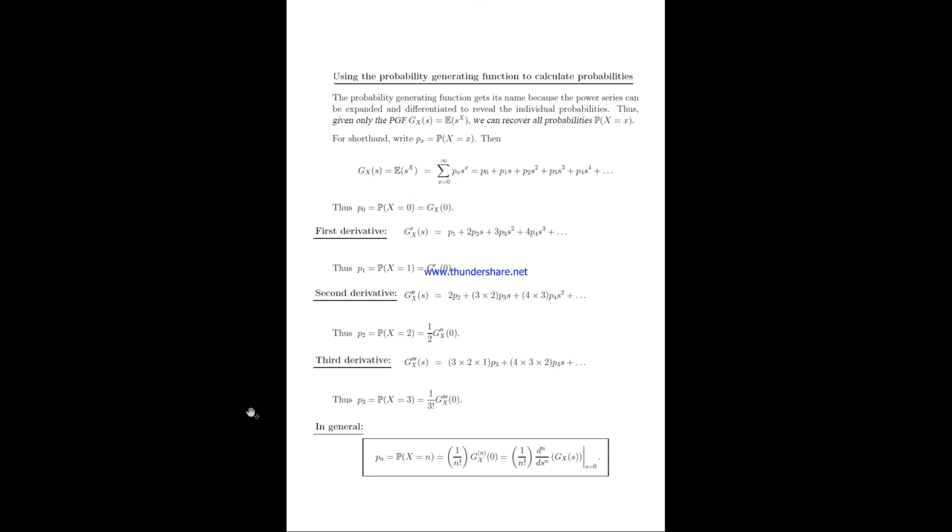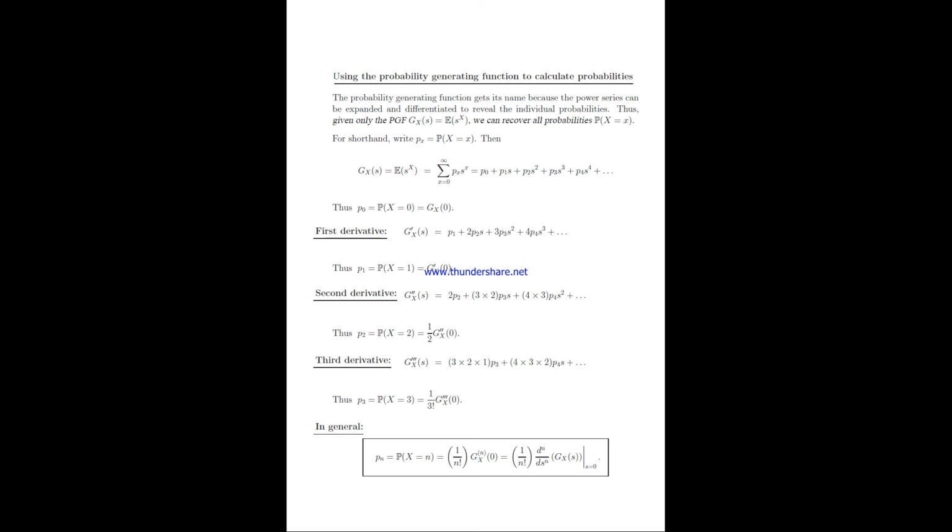Now, if you have a random variable capital X, the probability generating function is denoted as G X of s. That is the expected value of s to power x, right? Actually we can write this in terms of the probability.